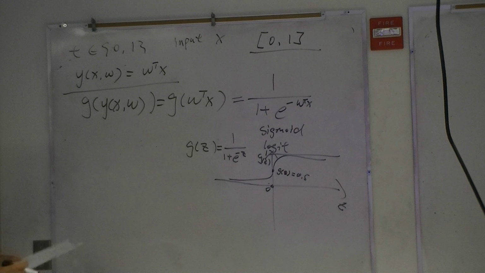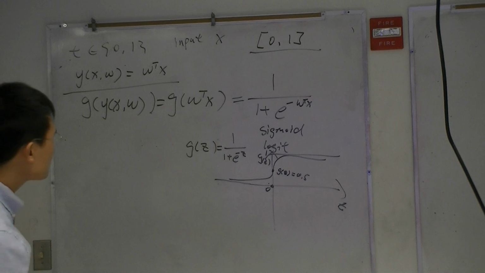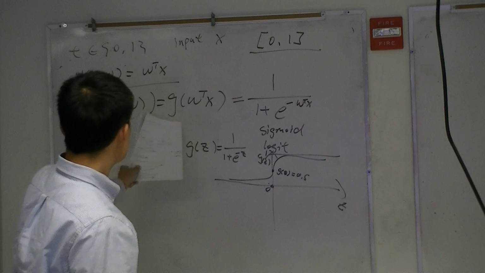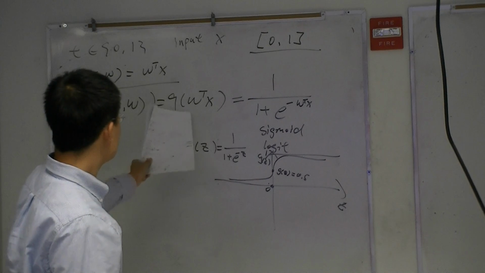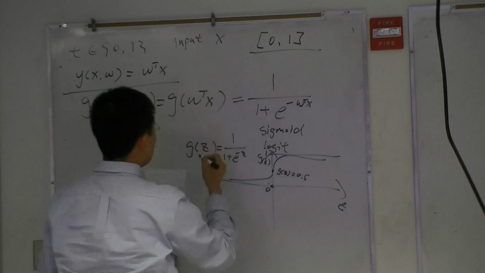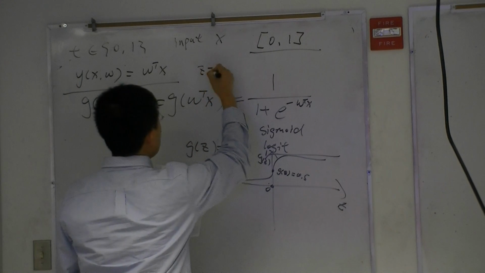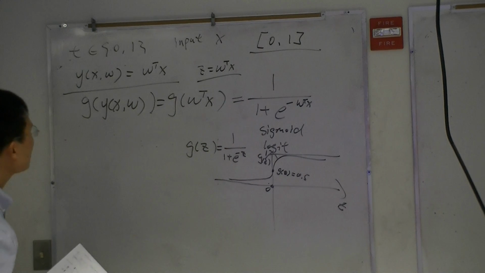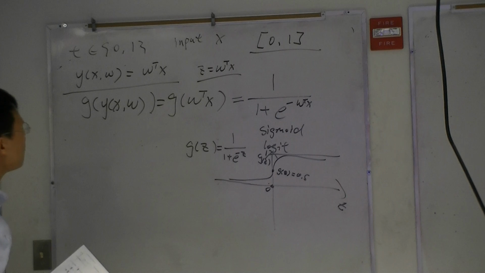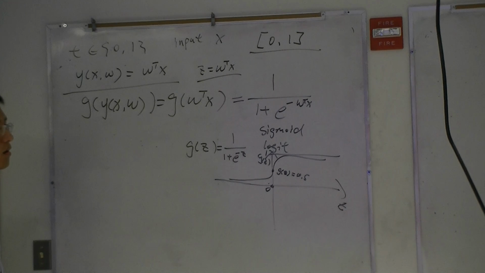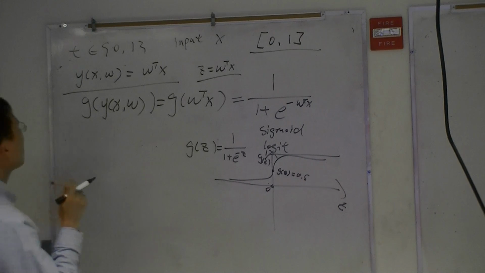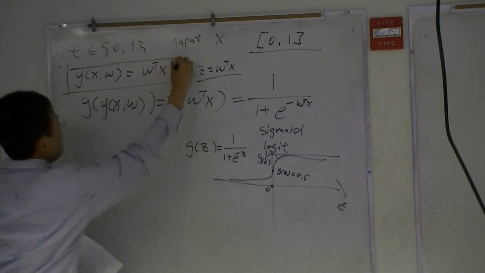So what does the g function show? The g function? What do you mean? I mean, why do you apply g to w transpose x? What does it mean? Oh, this is from here.